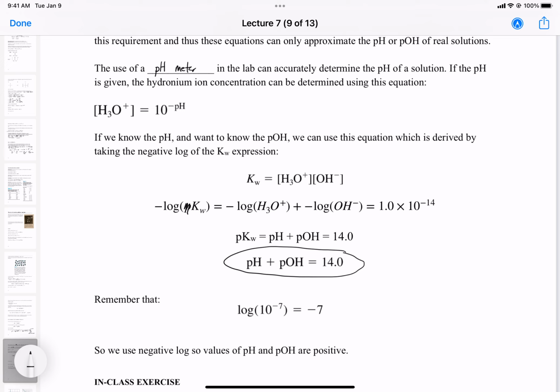And we negative log the 1.0 times 10 to the negative 14th as well, which turns that into 14. We can simplify this to say pH plus pOH equals 14. So if we know the pH value and we want to find the pOH value, we can use substitution to solve for pOH.